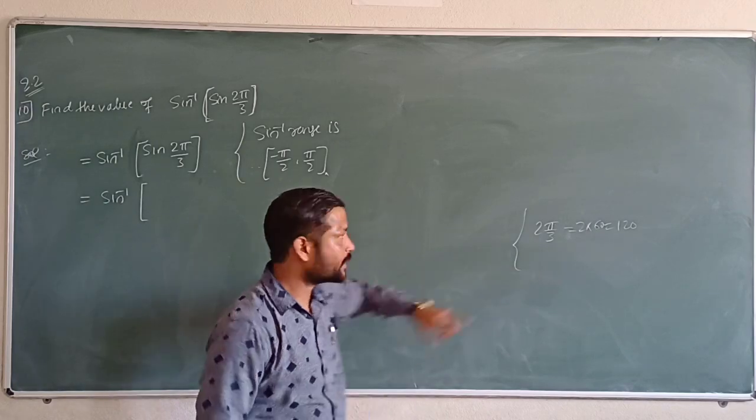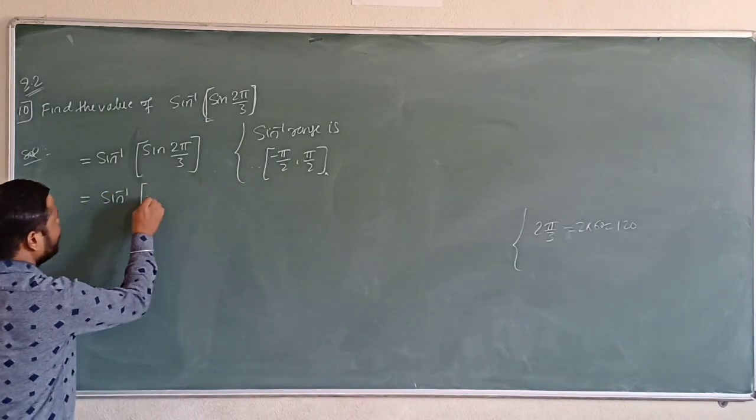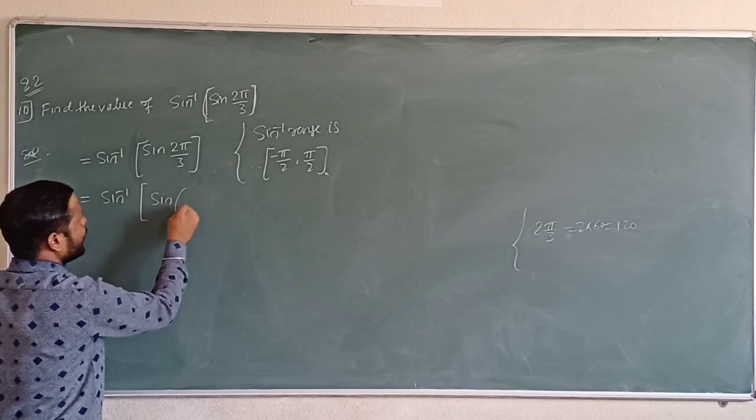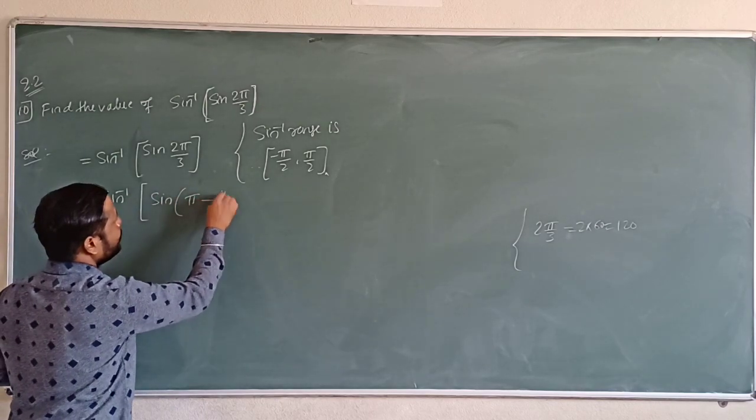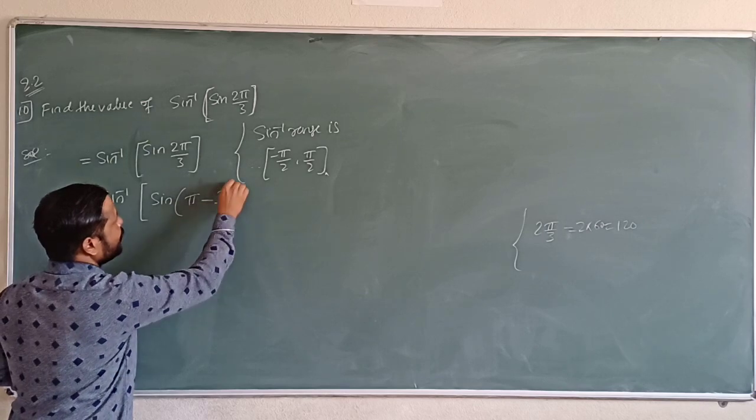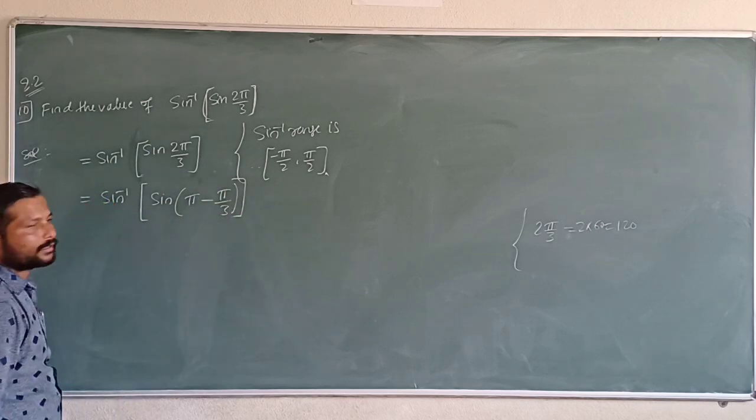Sin of 120 degrees can be written as 180 meaning pi, and 60 meaning pi by 3. Pi by 3.